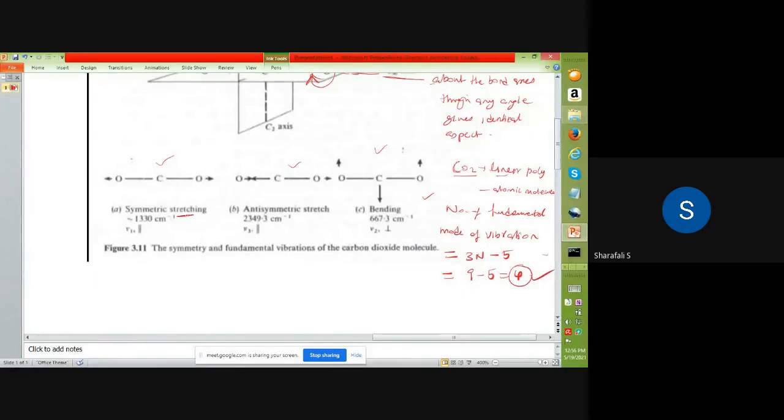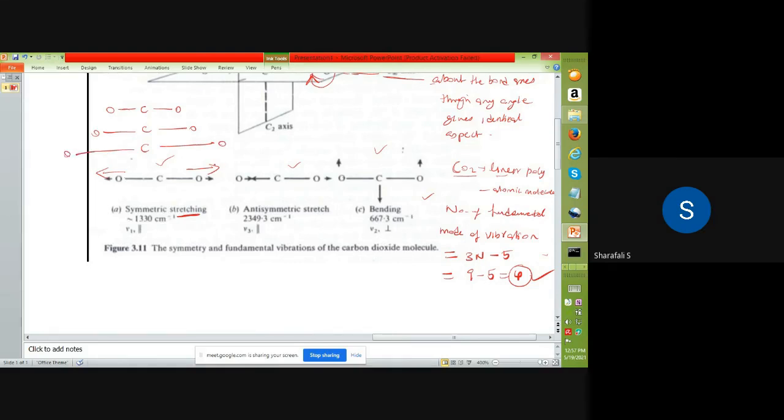First one is symmetric stretching, as we discussed before. So the oxygens move away and come back to the original position. So this carbon dioxide will be like this for symmetric stretching. Then we have the original position, and then it can go away.